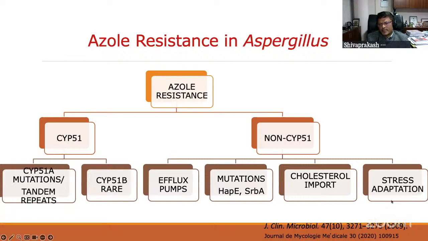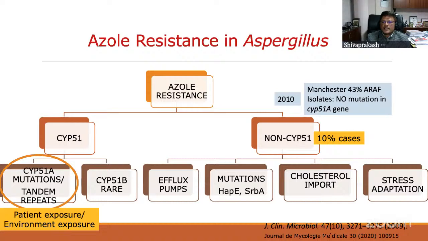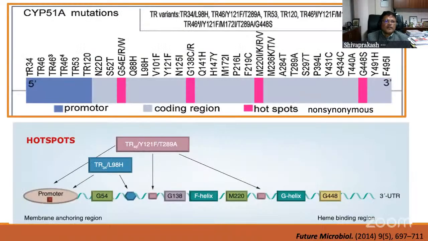Stress adaptation is another important factor by which the patient gets resistant. The major cause is TR34 and L98H in the CYP51A gene.